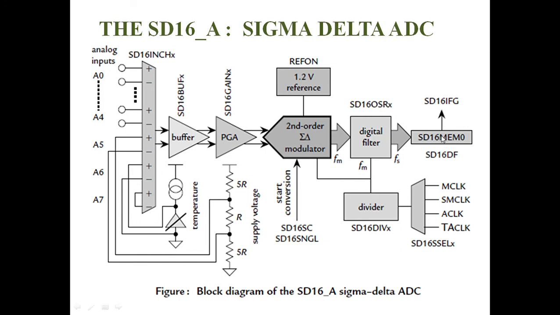If you are using the CPU, it consumes some power. So to reduce the power consumption, we are using the DTC, and then it is stored into the external memory chips. At that time, the interrupt flag value will be 1. So like that, we can take the analog inputs, give them to the second order sigma delta modulator, convert to digital and store in the desired memory location without using the CPU. So we can save the power.